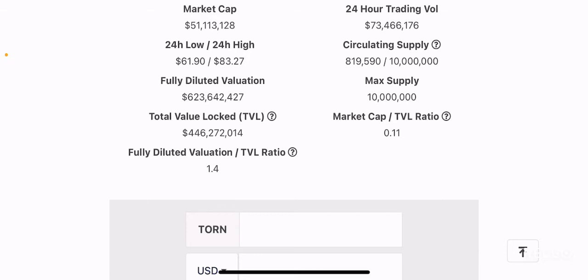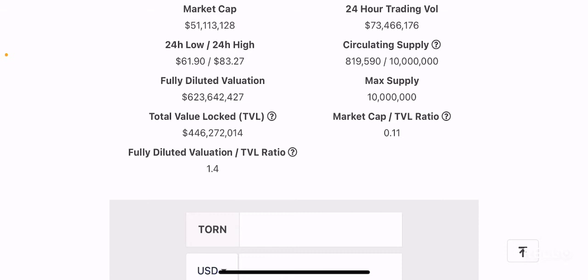If the value is over 1, then that means the market cap is huge, whereas the total value locked is low, right? And that means there's less value locked within the protocol than the token's market cap itself, which means potentially this token is overvalued, right?